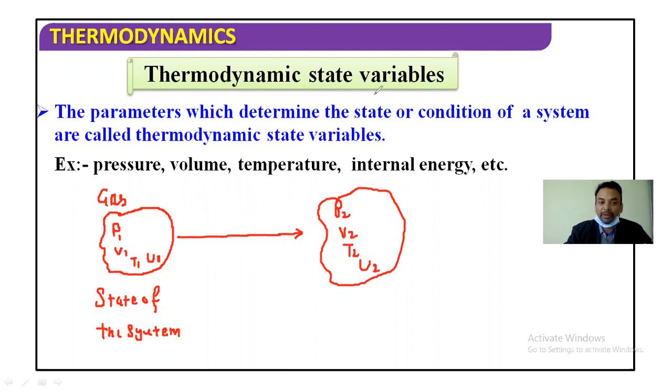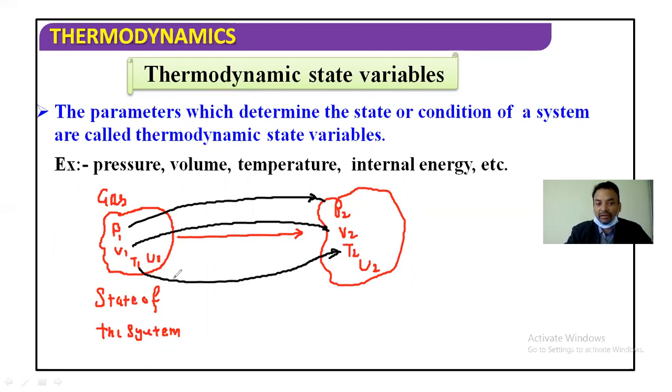You see the pressure has changed from P1 to P2, volume from V1 to V2, temperature from T1 to T2, and internal energy from U1 to U2. Because all these P, V, T and U change from one state to another state, these parameters are called thermodynamic state variables.